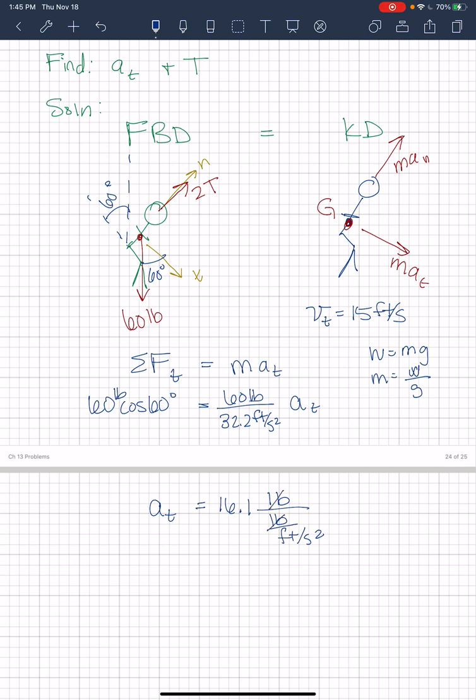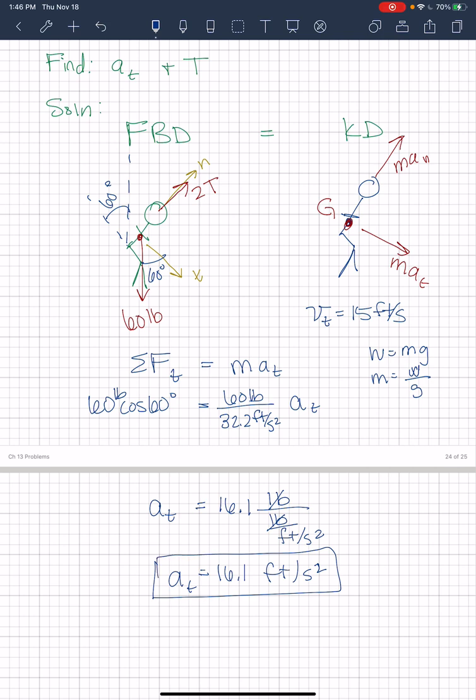So these cancel out. That gives us 16.1 feet per second squared. So that's the tangential acceleration, which was part of what we were supposed to find. And the tangential acceleration is the rate of increase in speed.